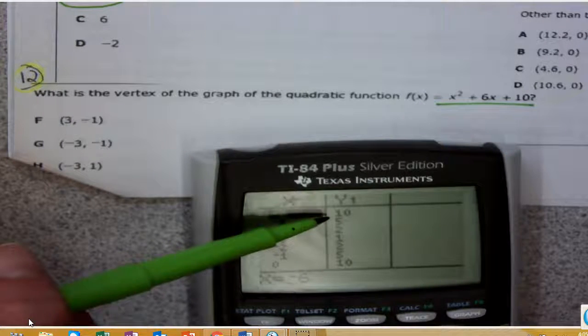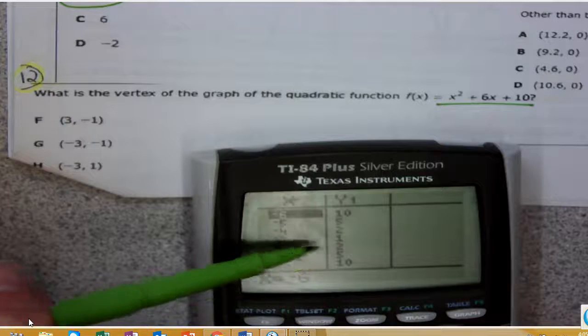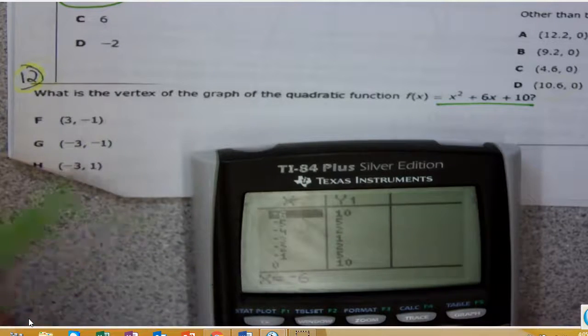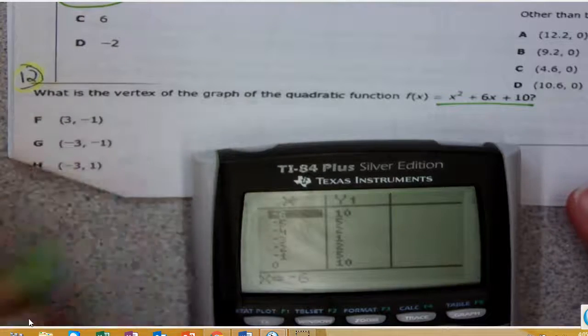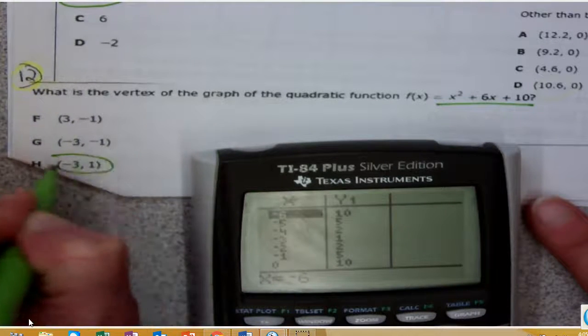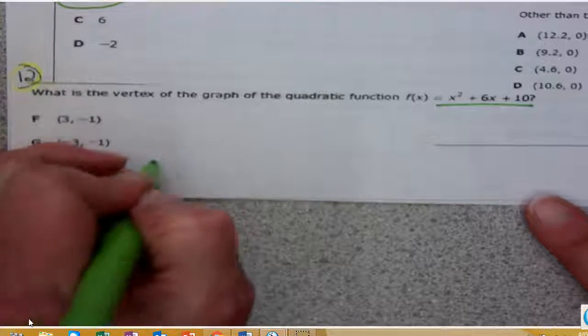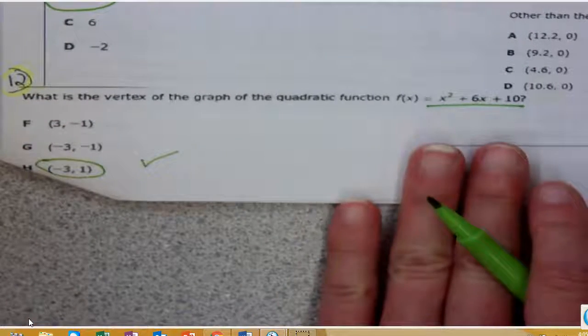And sure enough, it goes from bigger to smaller, and then it starts getting bigger right at -3, 1. So that's going to be my vertex. Do I see it? -3, 1. Perfect. Done. Check it off and move on.